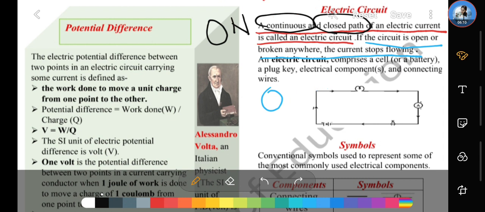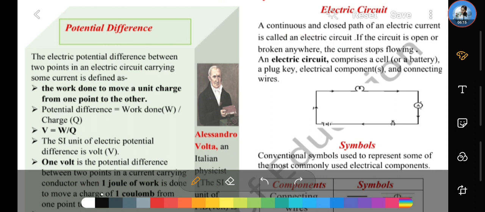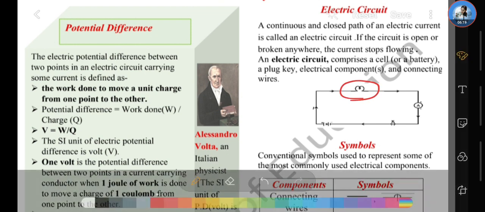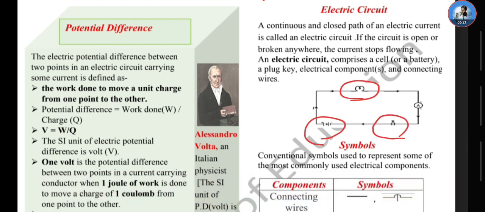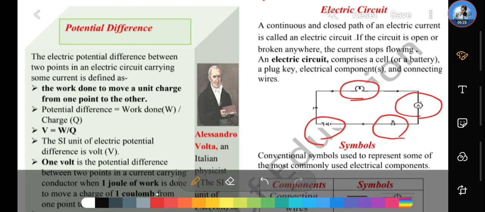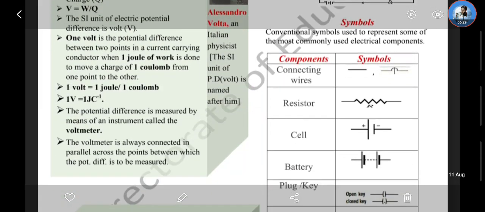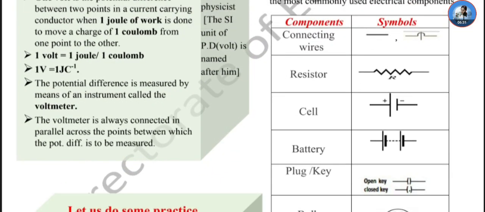Now there is a circuit diagram given below in front of you. In this circuit diagram you have observed many things like bulb, battery, key and ammeter. Let's discuss the table given below. There are some symbols of the components of the circuit, students. Firstly, for the connecting wire, you can observe the symbol here.